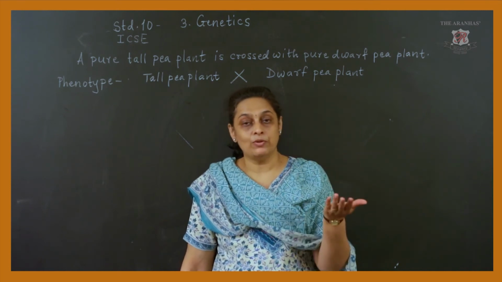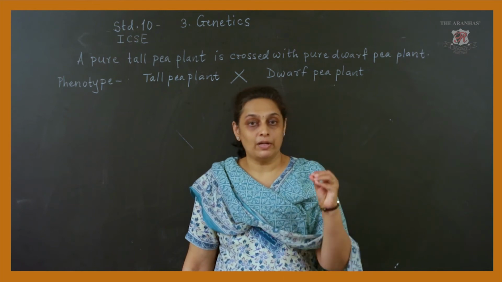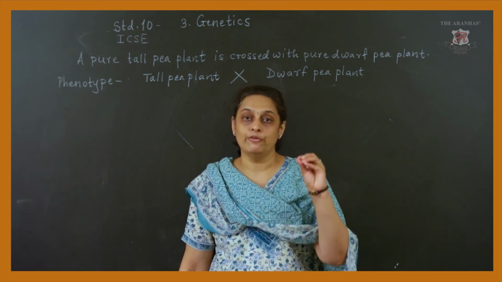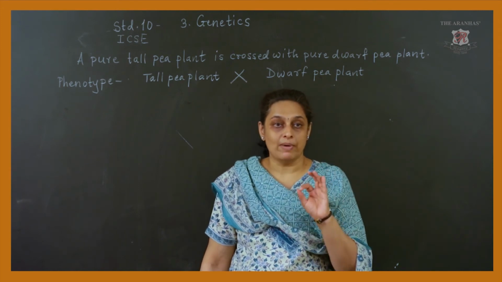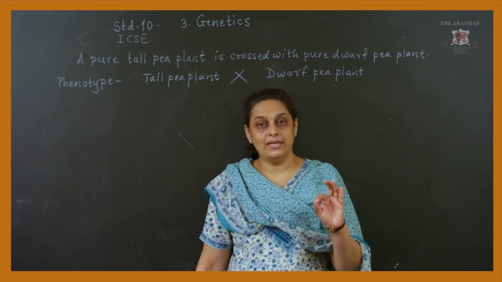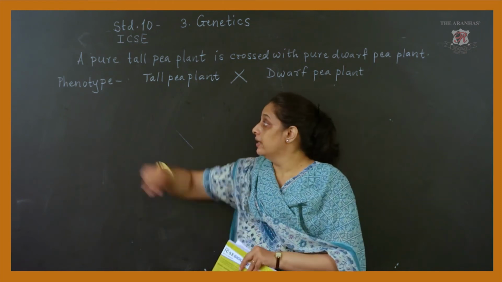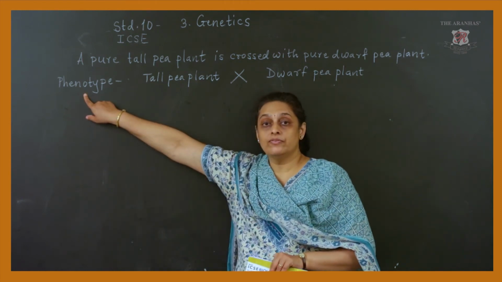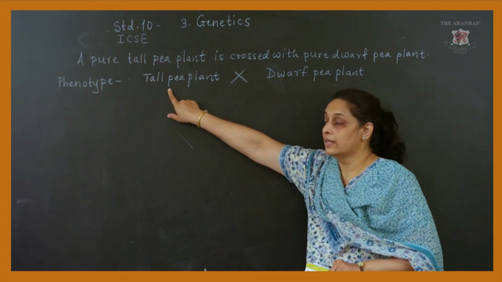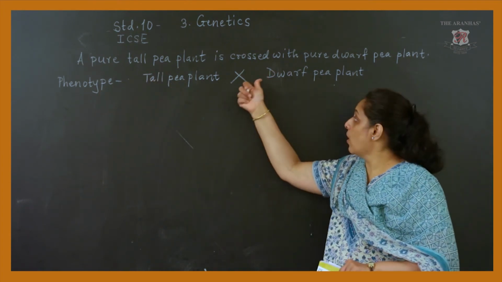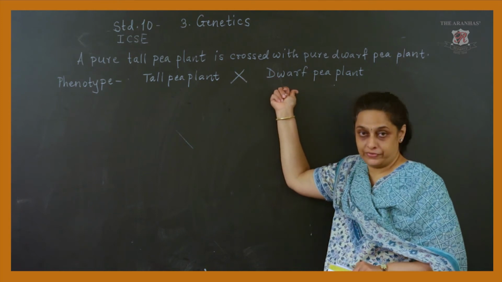I will then be able to imagine that a particular plant produces red colored flowers. So remember that if we talk about the external appearance of the individual, we are talking about phenotype. So I have written tall crossed with dwarf.